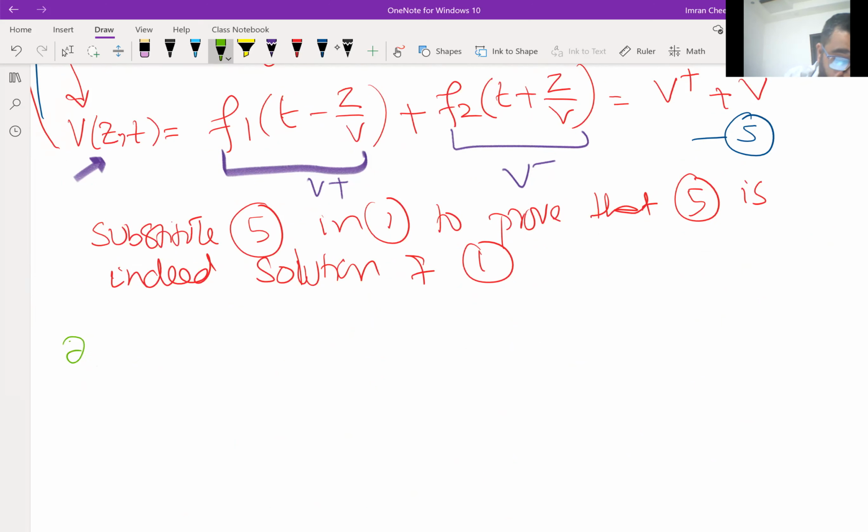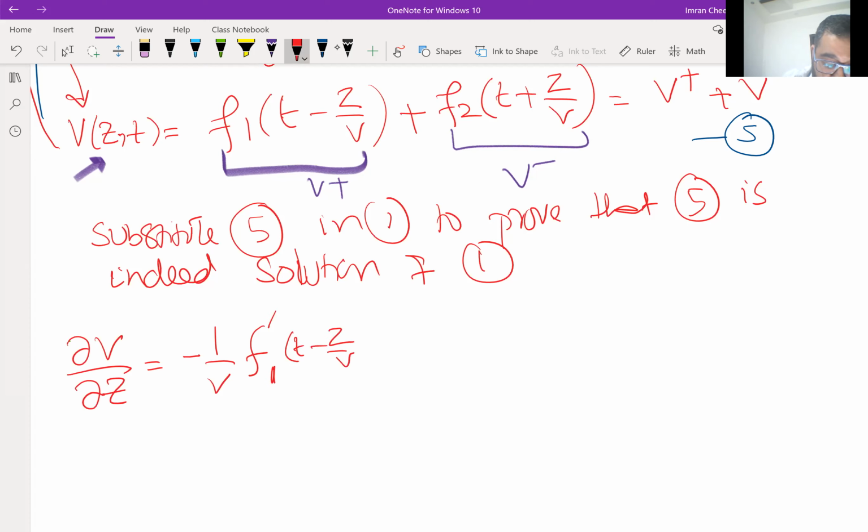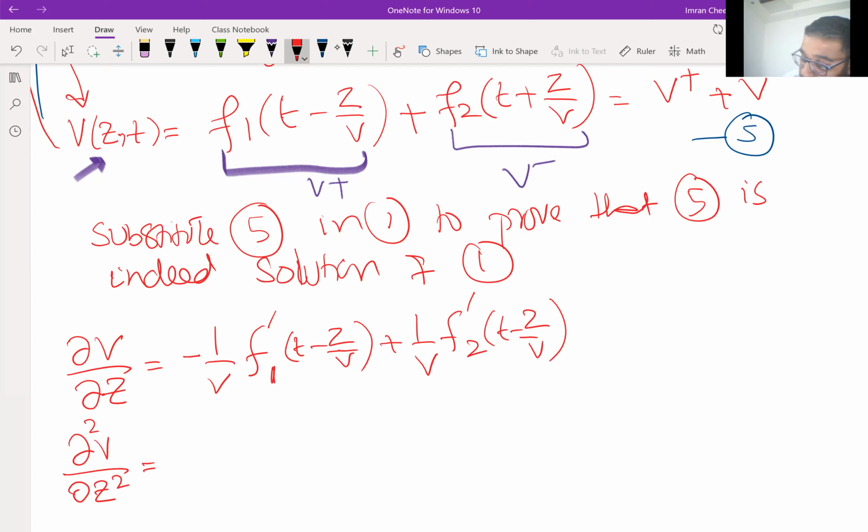Partial v over partial z is equal to minus 1 over v f1 dash, whatever the derivative is, so once I take the z derivative, it becomes minus 1 over v f1 dash plus 1 over v f2 dash (t minus z over v). Similarly, I take its second derivative, and this would become 1 over v.